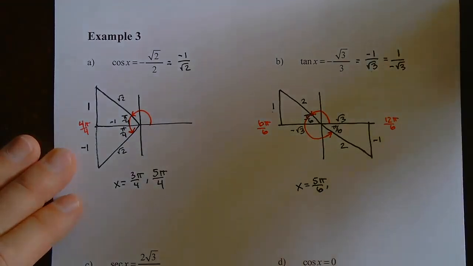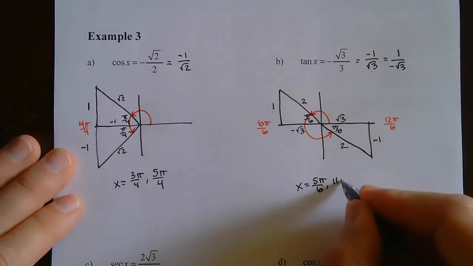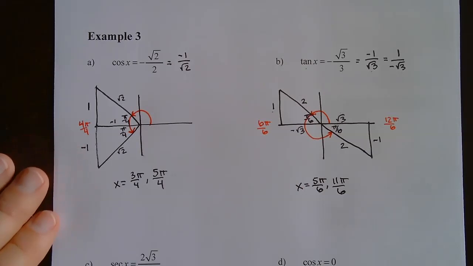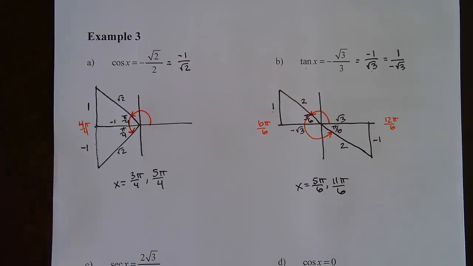So that would be 11 pi over 6. And those are the two answers for this. A lot of times we'll get two answers. Not always, but a lot of times we will get two answers. Okay, all right, so let's go to the next problem.